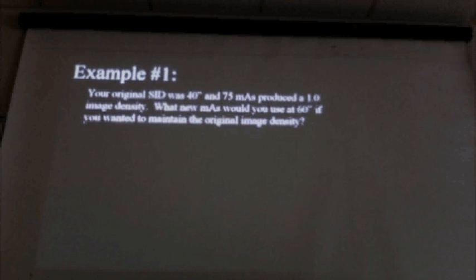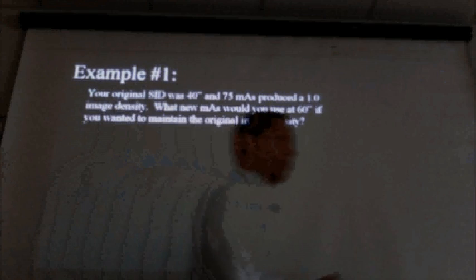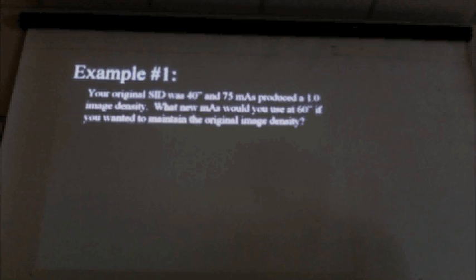Okay, so we have our original SID is 40 inches. And 75 mass produced a 1.0 density, which is what we were after. Remember I said we like 1.0, that's like the best one. We had to pick one. We probably picked 1.0. Okay, so now it says, what new mass would you use at 60 inches?